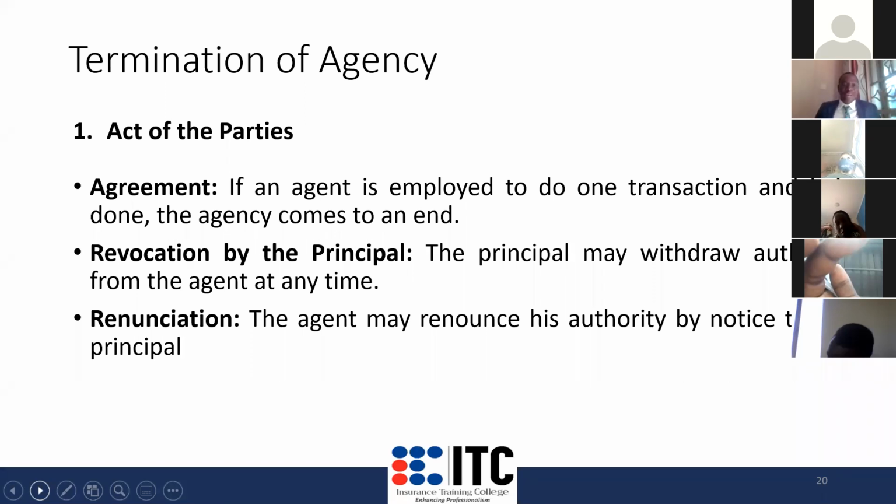We also have another one, revocation by the principal. This is when the principal has the power to withdraw the authority that has been given to you. So don't sit there and say that when I get a contract, I have all the powers, and as long as I have this document with me, I cannot be terminated.